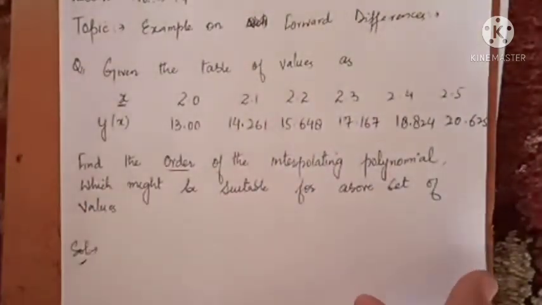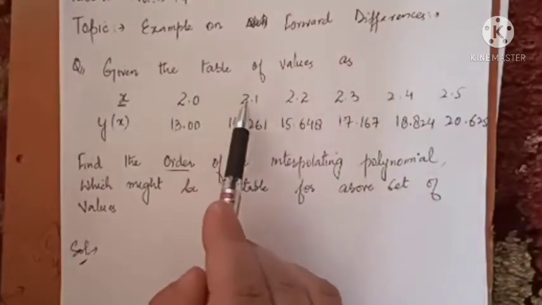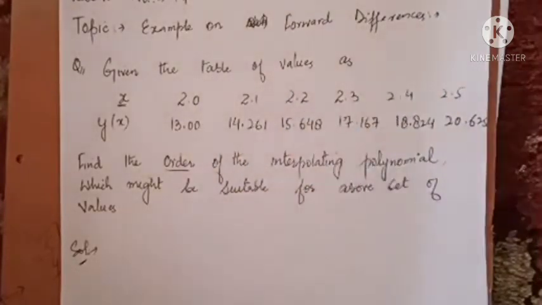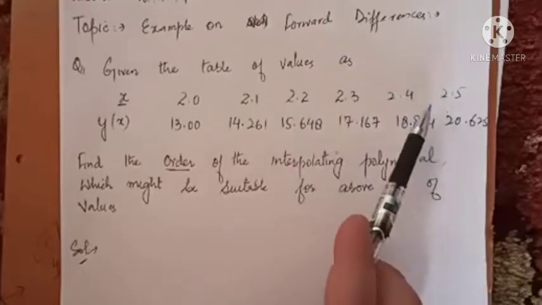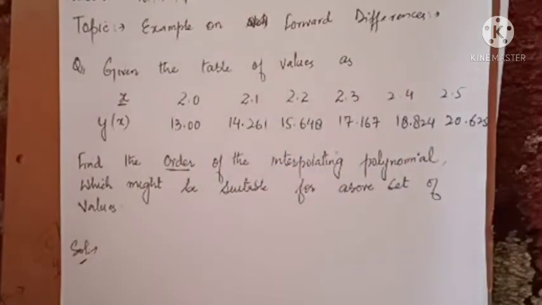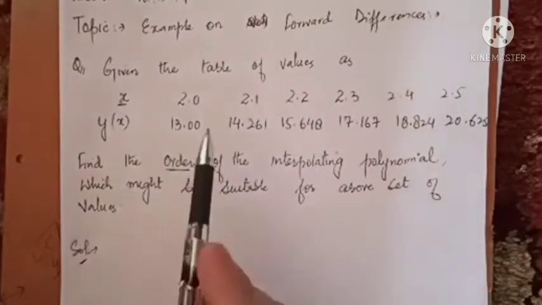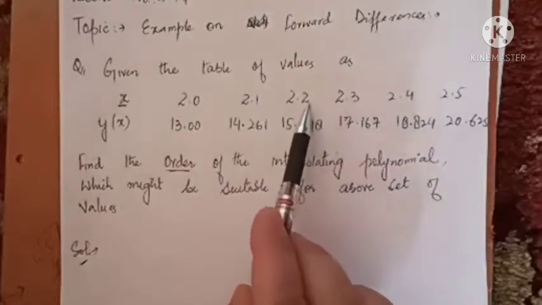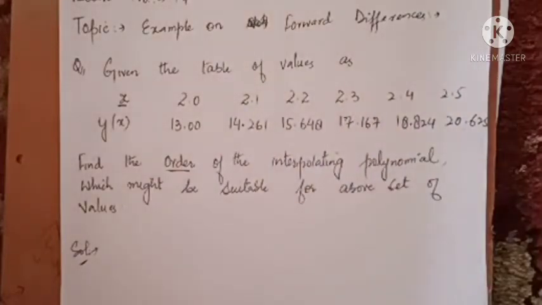The first thing we have to check is that our data points should be equally spaced. For forward differences it's very important that we only work on equally spaced data points. If you see the difference between each data point, it is the same, a common 0.1.